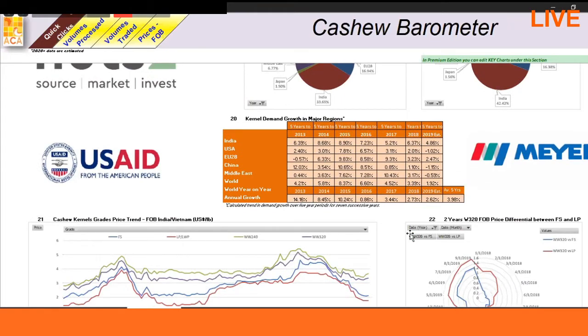So if you look closely at this table, we have provided a kernel growth in major regions. So we are looking at using the cumulative average growth rate, looking at the 5 years prior to, say, 2013, which shows countries like US with about 2.4% cumulative average growth rate up to 2013.